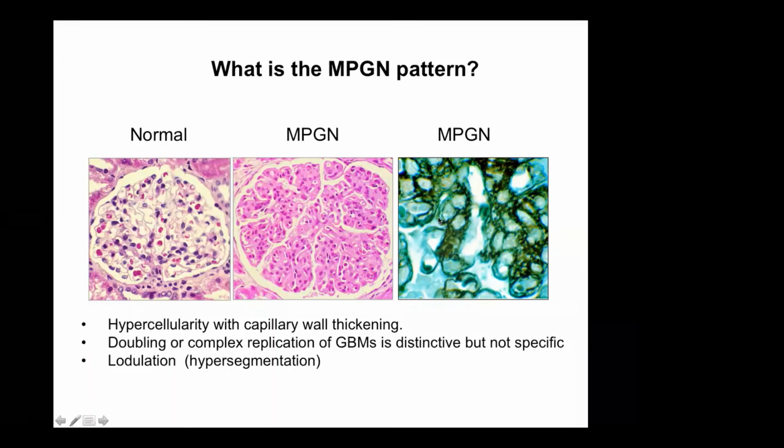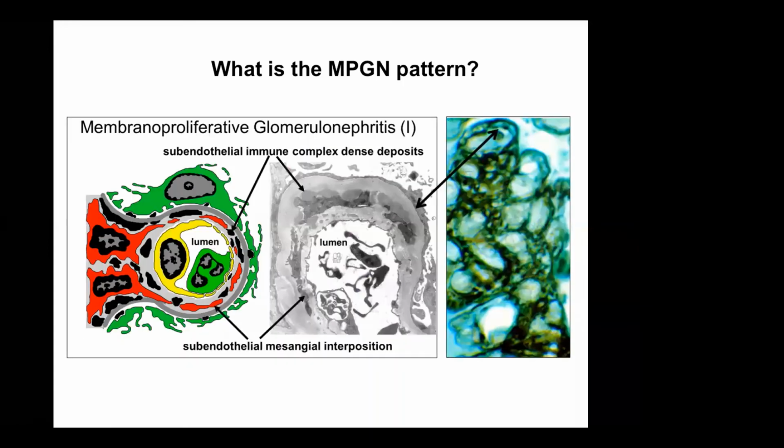You look at the silver stain, and if you see duplication of the glomerular basement membrane, this is more likely to be an MPGN. Membranous proliferative glomerulonephritis basically has deposits everywhere. We have deposits in the subendothelium, in the mesangium, and a few in the subepithelial, but predominantly they are subendothelial and mesangial.